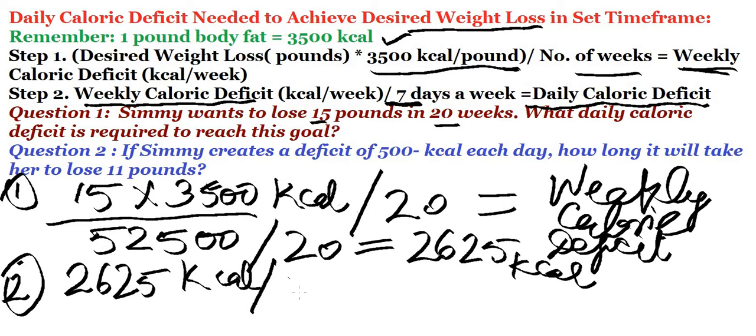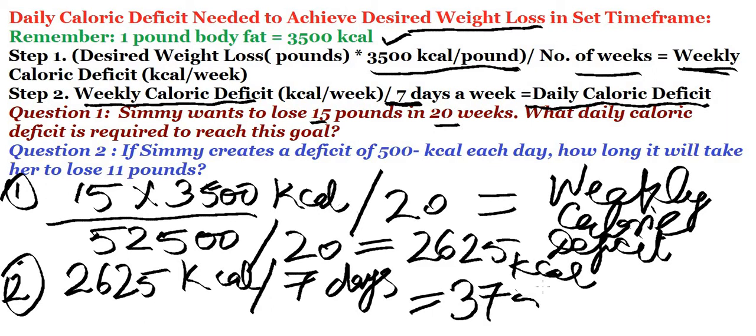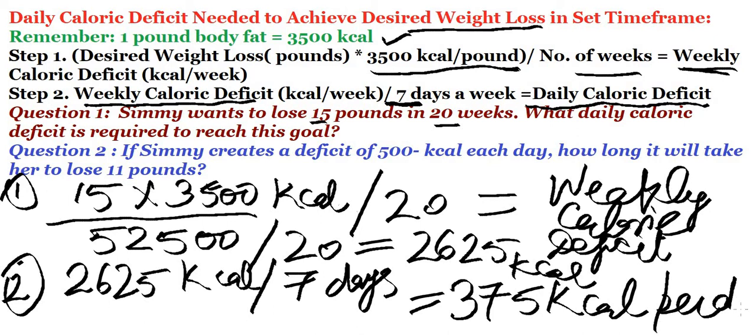I will divide it by 7 days, as there are 7 days in a week. So 2625 divided by 7 comes to 375 kilocalories per day. So this will be my daily calorie deficit.